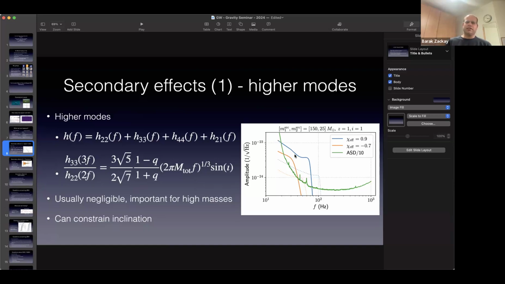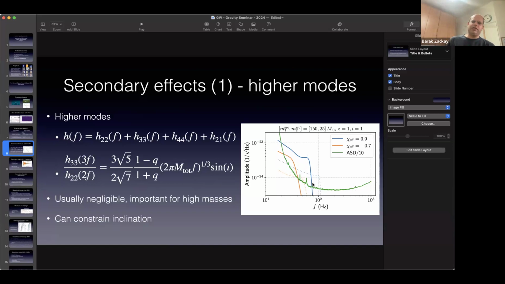So please look at the solid blue and the dashed blue, okay? Solid blue is the 2-2 mode. The dashed blue is the 3-3 mode. And you can see the amplitude as a function of frequency in this plot, overlaid on the amplitude spectral density of the noise in the LIGO detector.